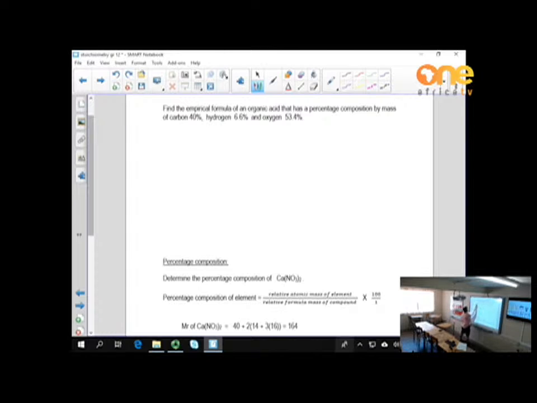So find the empirical formula of an organic acid that has a percentage composition by mass, 40% carbon, 6.6 hydrogen, oxygen is 53.4. So carbon is going to be 40 over 12. Hydrogen is 6.6 over 1. And oxygen is 53.4 over 16. So we have to go and work them out.